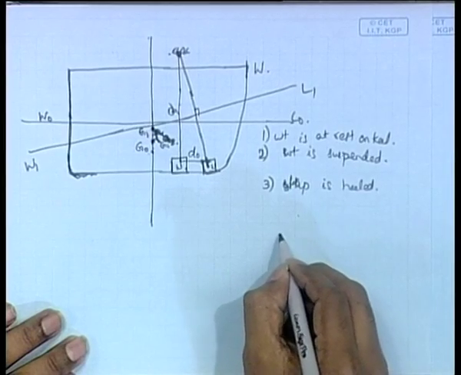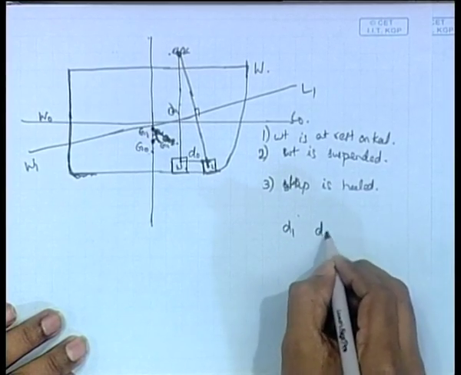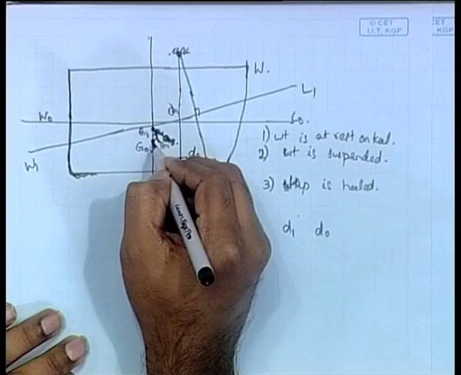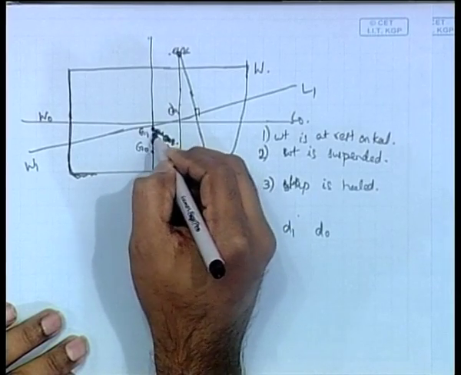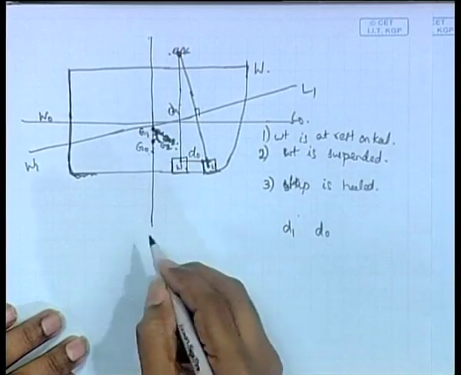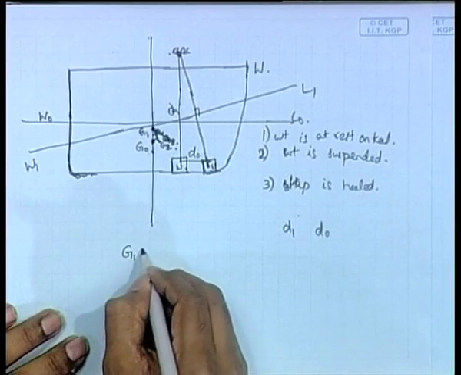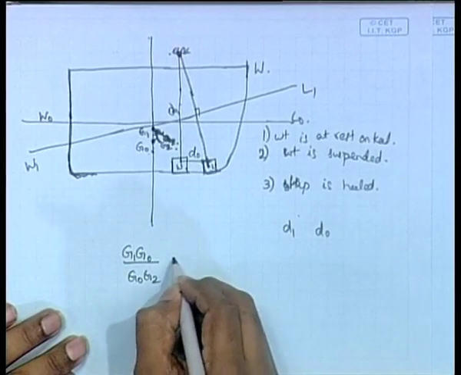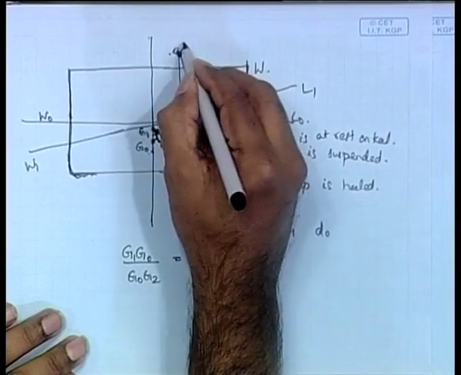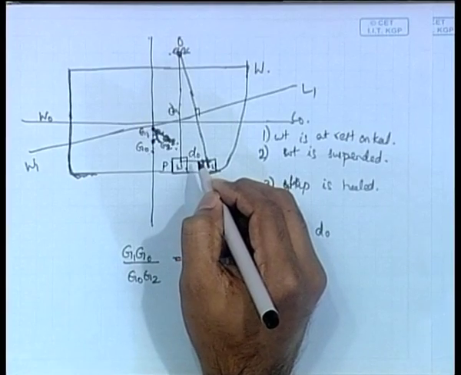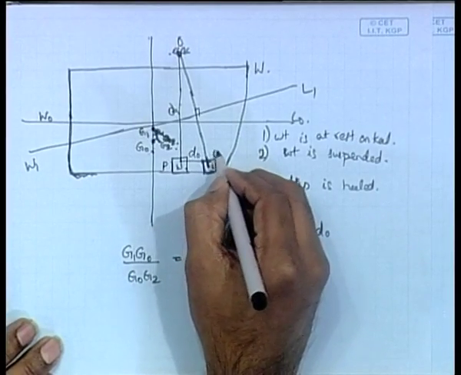So you will have these two triangles where the angles subtended by d0 and d1, and here you have the distances g1 g0 and g2 g0, are the same. So you will have something like g1 g0 divided by g0 g2, and I will just call them O, P, and this is Q.